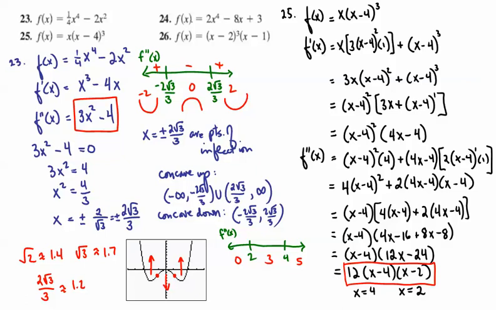We'll get negative times negative is positive, so that should be positive there. Plug in 3. We get negative times positive, which is negative. Plug in 5, we get positive times positive is positive. And so we have concave up, concave down, concave up, and points of inflection. x equals 2, x equals 4 are points of inflection.